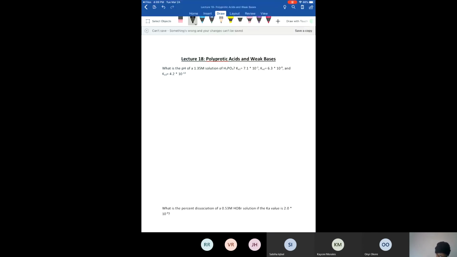First we'll start off by writing the ionization of H3PO4, or phosphoric acid.